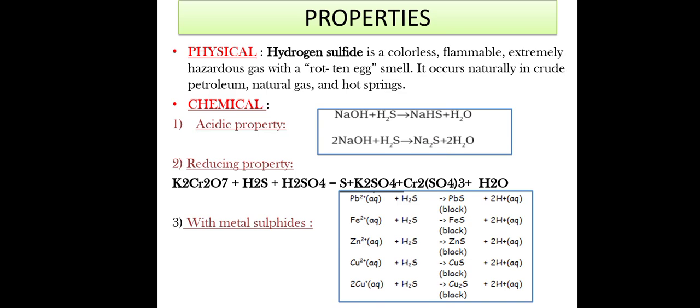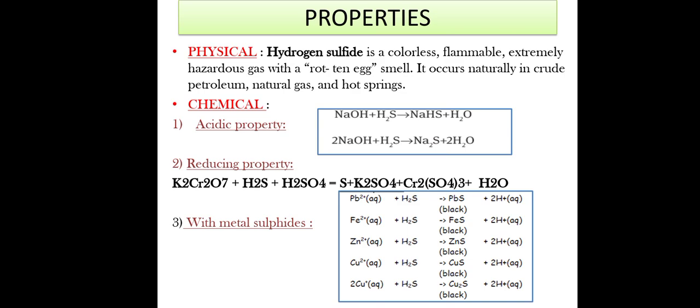Next, when H2S is passed into the acidified aqueous solution of some salts, precipitates of metal sulfides with respective colors are formed. When copper sulfate is passed through H2S, it forms black colored copper sulfide.